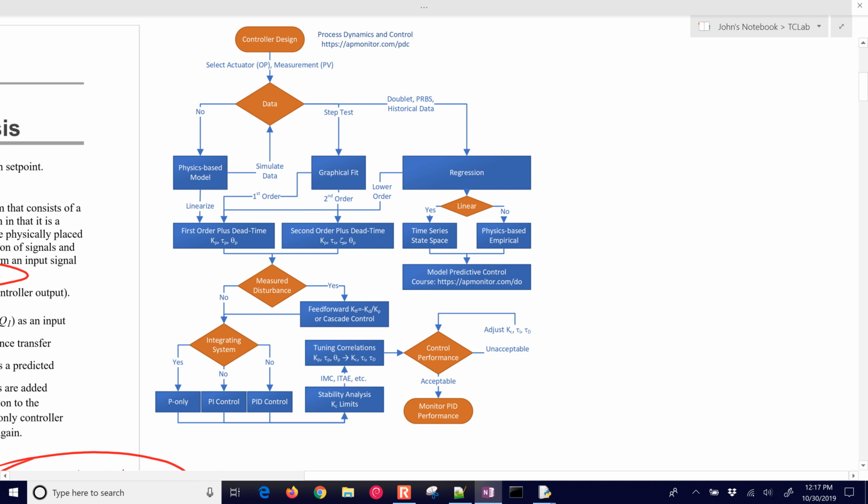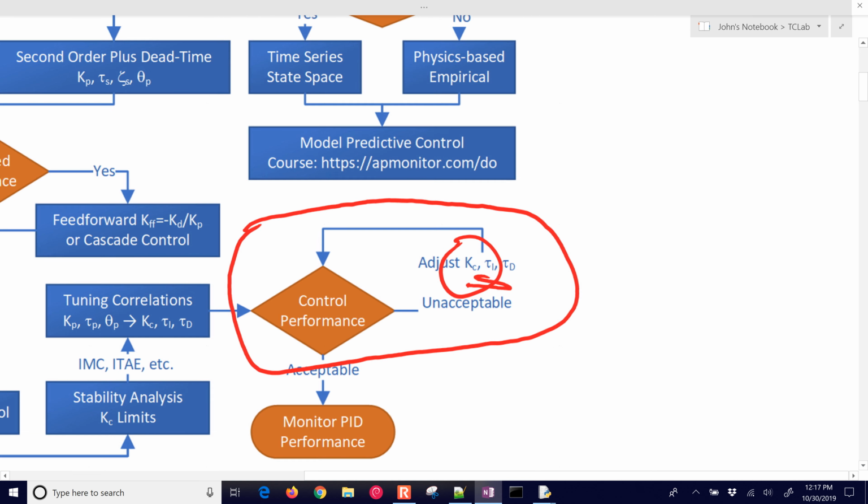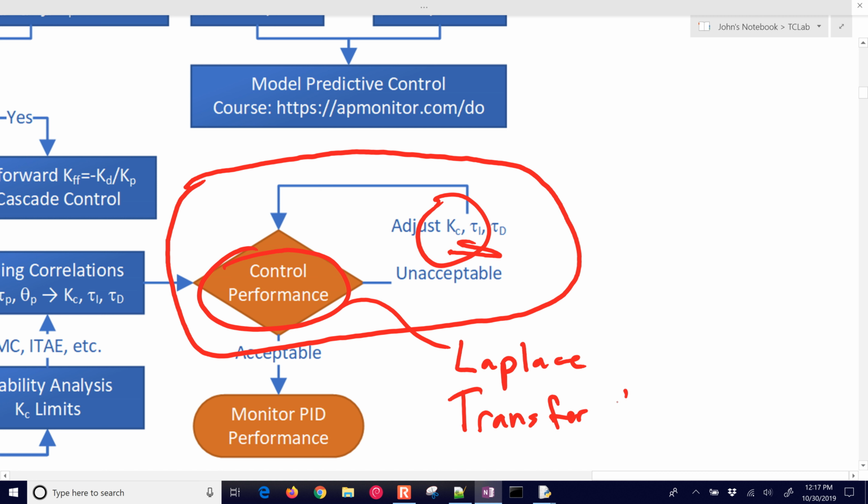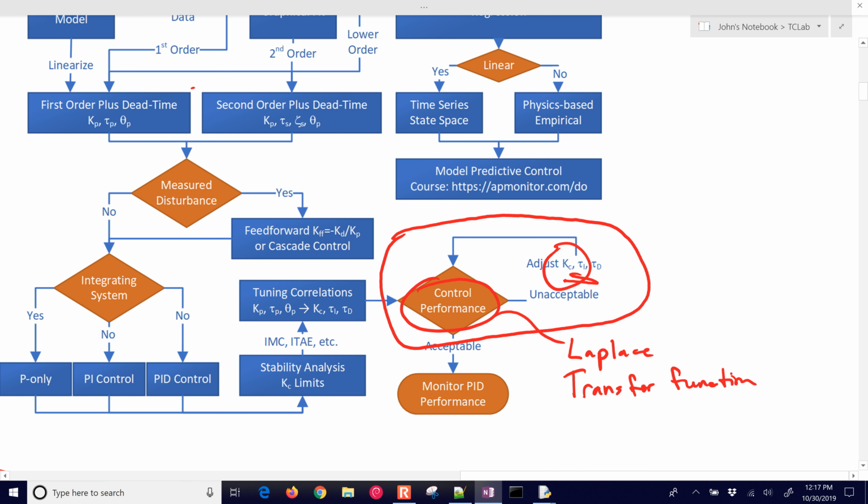So we are modeling the controller performance. We're modeling an analytical solution to tell us, as I change Kc and tau I, how that affects controller performance. And I'm doing that with Laplace transforms and transfer functions, the same ones that I'd used up here to model our system.